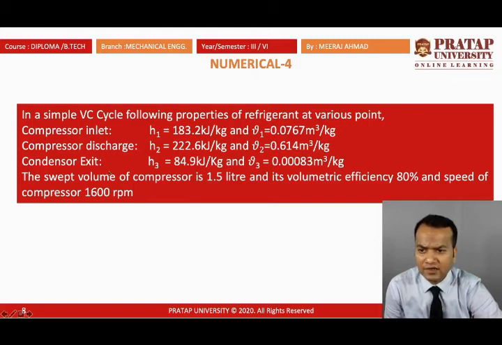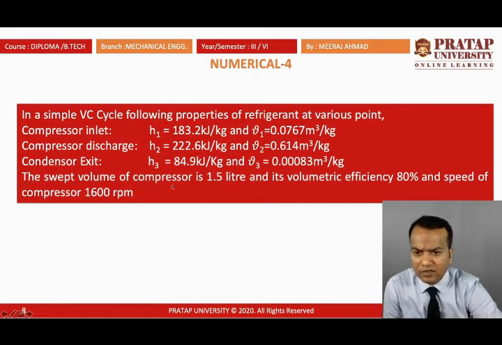Then condenser exit H3 is given, which is 84.9 kilojoule per kg, and specific volume V3 is given as 0.00083 meter cube per kg. Then the swept volume of the compressor is given as 1.5 liter, which is converted into meter cube.